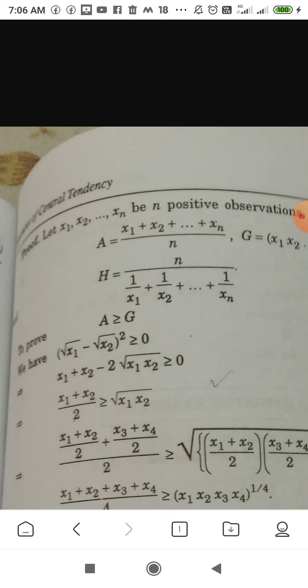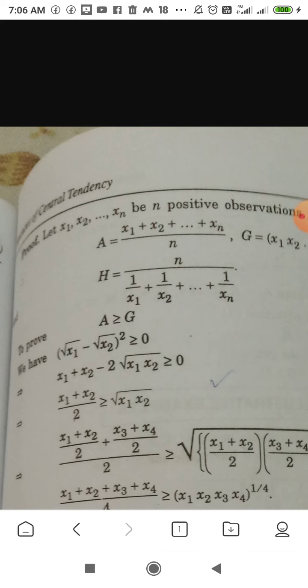Then after squaring, it gives x1 plus x2 minus 2 under root x1 x2 greater than or equal to 0. Now rearranging, it gives x1 plus x2 upon 2 greater than or equal to under root x1 into x2. So this is A greater than or equal to G.